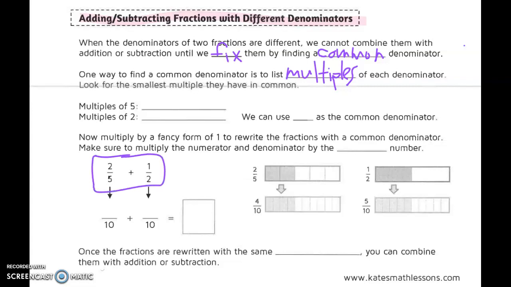It's 2/5 plus 1/2. As you can see, the denominators are different. If we start listing the multiples of 5, that would be 5, 10, 15, 20, and you can keep going, and you can always come back and add more if you don't see one that's common.